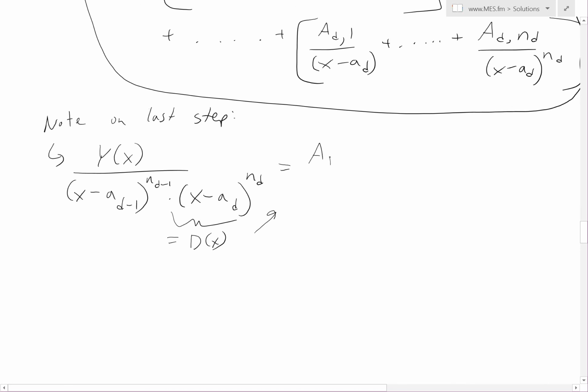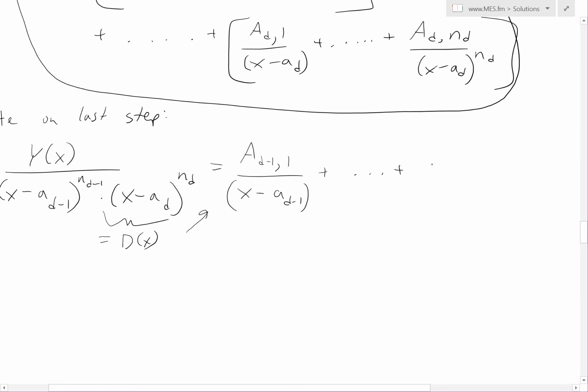So we get a of d minus 1 over x minus a d minus 1. This is the second last repeating factor, plus all the way to a d minus 1, up to d n of d minus 1 over x minus a d minus 1 and n d minus 1.